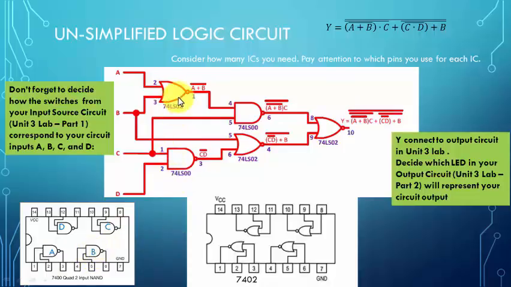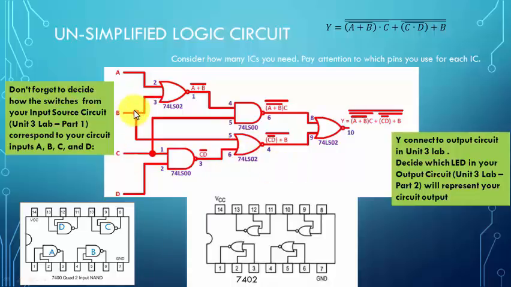For the NOR gates, we use this gate, and the gate located over here. And my suggestion is when you sketch the circuit diagram, you had better label the pin numbers of the IC on your diagram. That will make things much easier to identify.